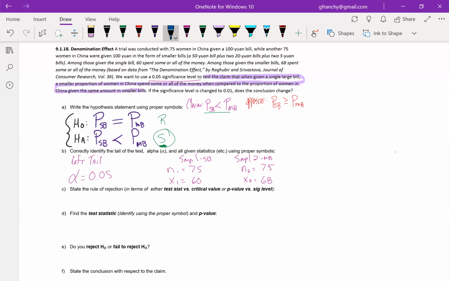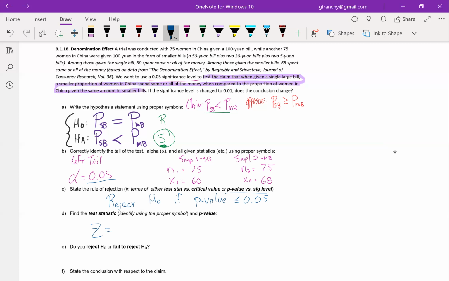Now we can go ahead and write our rule of rejection. Again, I'm going to use p-value versus significance level, so that gets phrased: reject the null hypothesis if p-value is less than or equal to whatever that significance level is, that's alpha, and in this case it's 0.05.